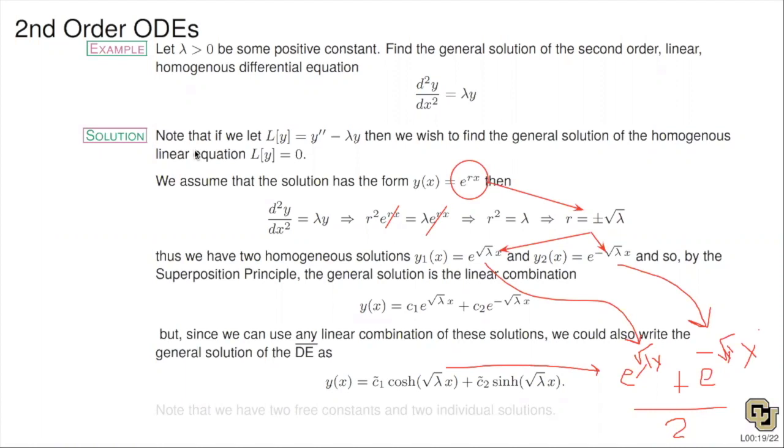So it isn't strictly a matter of preference. It could be, but there are also technical benefits to it. This cosh and sinh stuff we won't use right away. It'll come up when we solve Laplace's equation, which happens a little bit later in the semester. But just to remind you, we could also, using the superposition principle, pose the solution as hyperbolic functions.